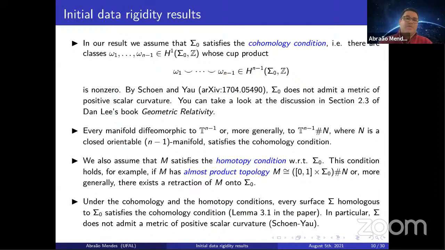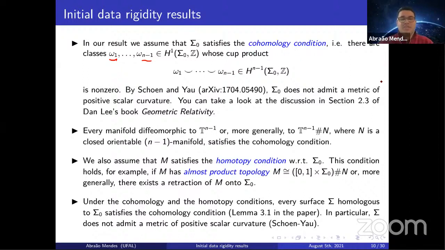So in our result, we assume that sigma naught satisfies the cohomology condition, which means that there are n-1 classes in the first cohomology group whose cup product is non-zero. Observe that the dimension of sigma naught is exactly n-1.